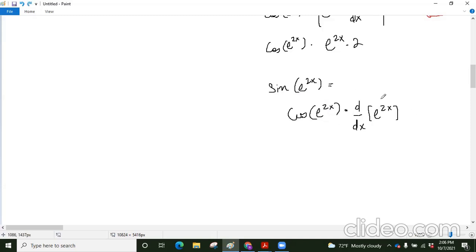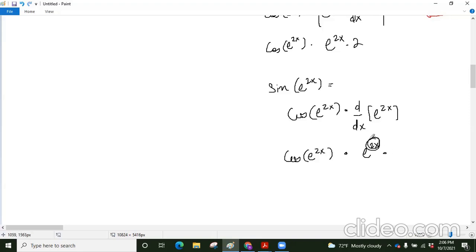And then this is like a separate question almost, right? We keep what we had the same, which is e to the 2x. We multiply by the derivative of this. The derivative of e to the x is e to the x. But if I changed it to 2x, it would be e to the 2x. So the derivative of e to the 2x is in fact e to the 2x.